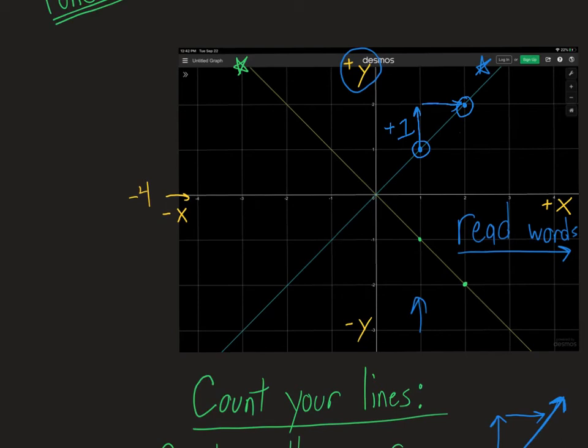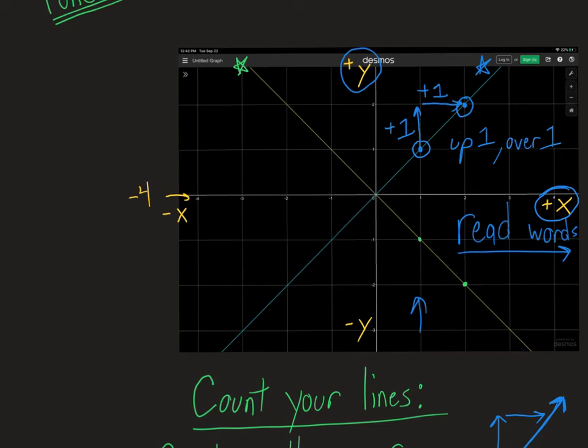And when I move upward and then over, that line has gone up a positive 1 unit. And the same thing when we go over by 1, it's also positive because right here we see the positive x's. When you go to the right, just like we did inequalities the other day, to the right is always increasing. It's always going to the positive. It's growing. So that's going to be up 1, over 1. Both positive numbers.